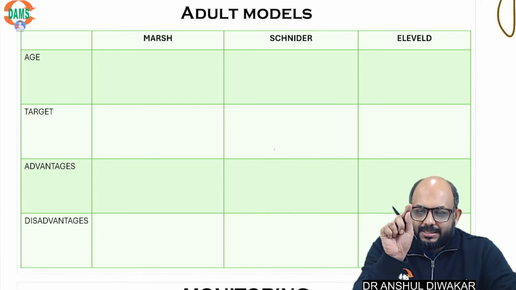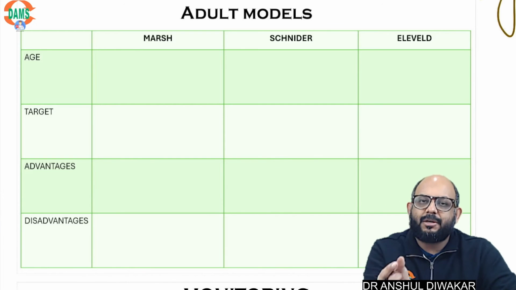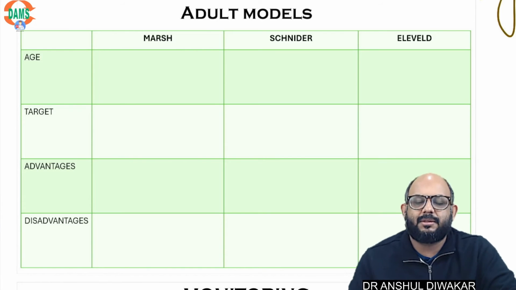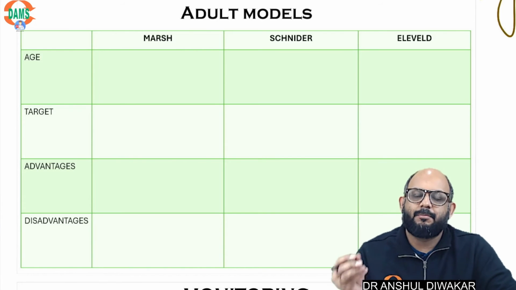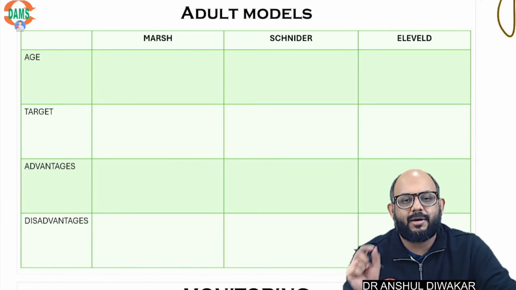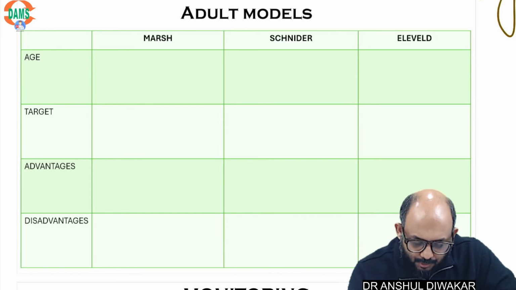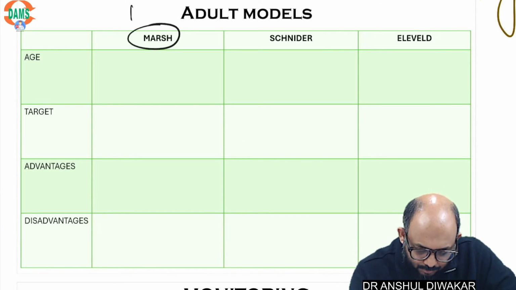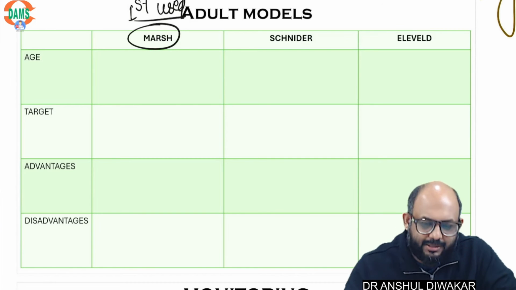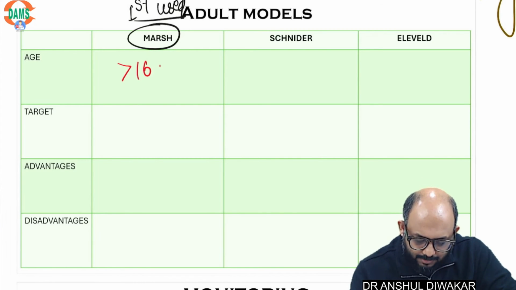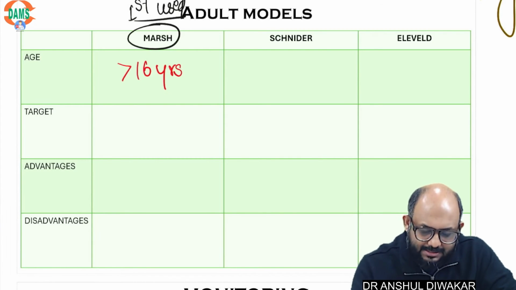So when you go and select the model, that particular model asks you for the particular covariates that are used in that calculation, and based on that it will calculate the infusion rate, but you will set the target plasma concentration. So Marsh was the first model that was used, and we know that being the first model, it has its own limitations. Age was more than 16 years, because they did not have data for less than 16 years.